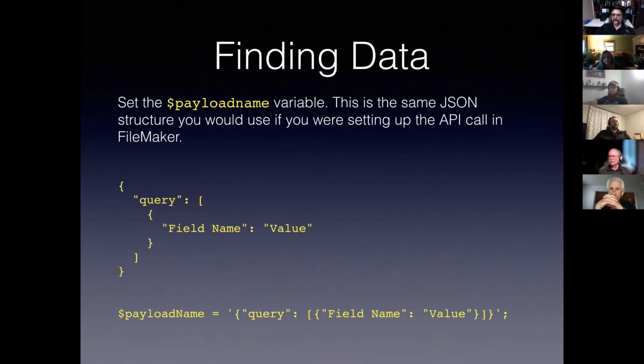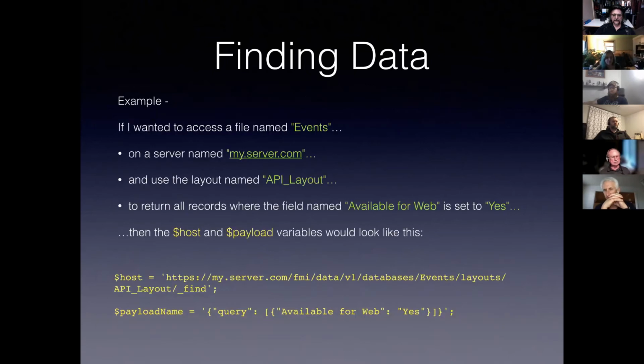And we also have to set some JSON data as the payload to do the query. And there's the format right there. It's query: and then there's one object for field name. In this particular field name, find this value.